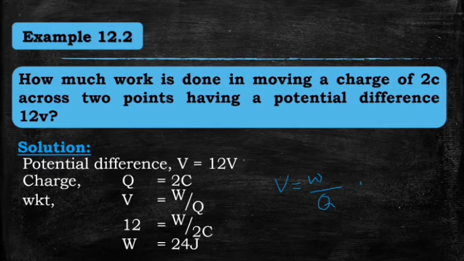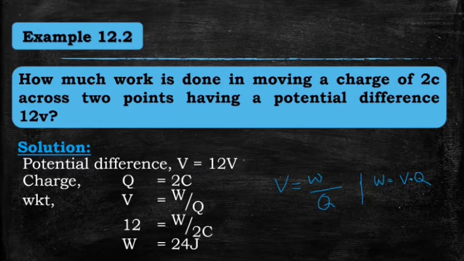Then W will be equal to V times Q. The Q from the denominator, when we take it over to the left-hand side, gets multiplied, that is work is equal to volt multiplied by charge.